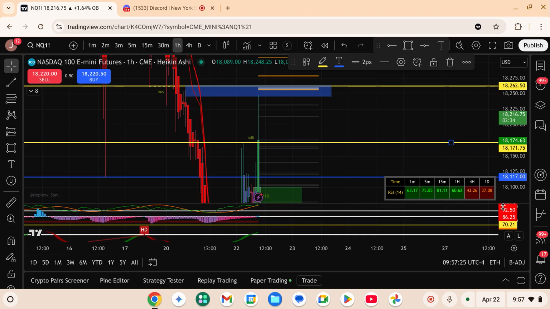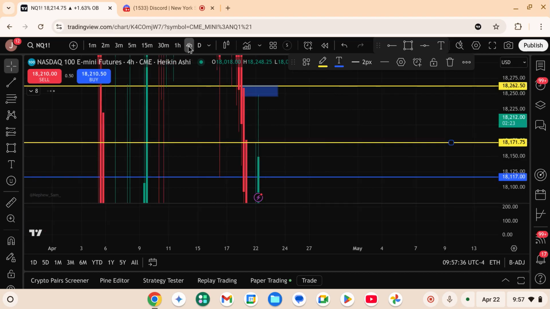Volume looks like it's flipping bullish. See what the 4 hour looks like.